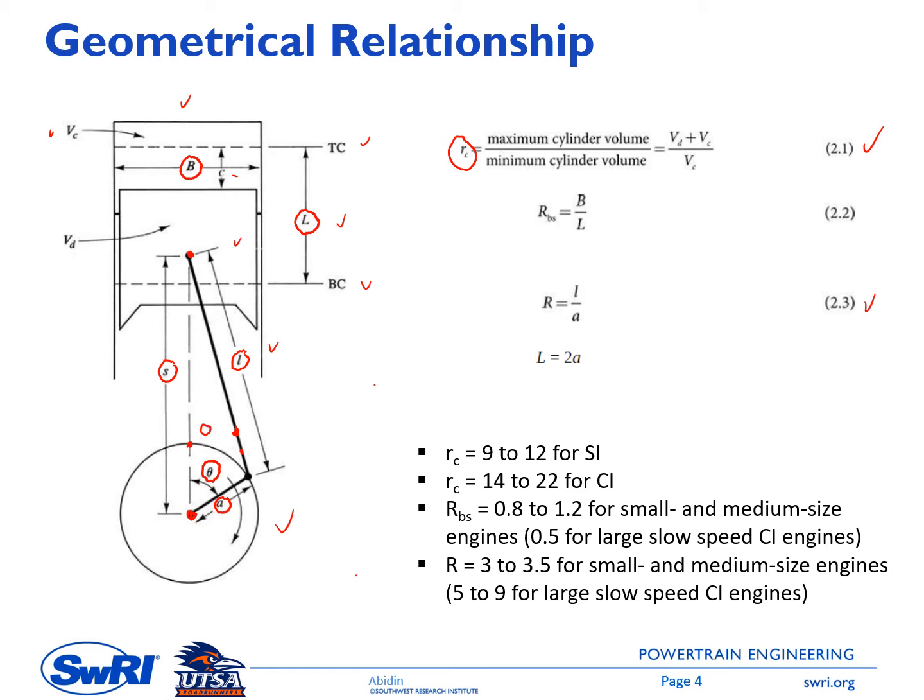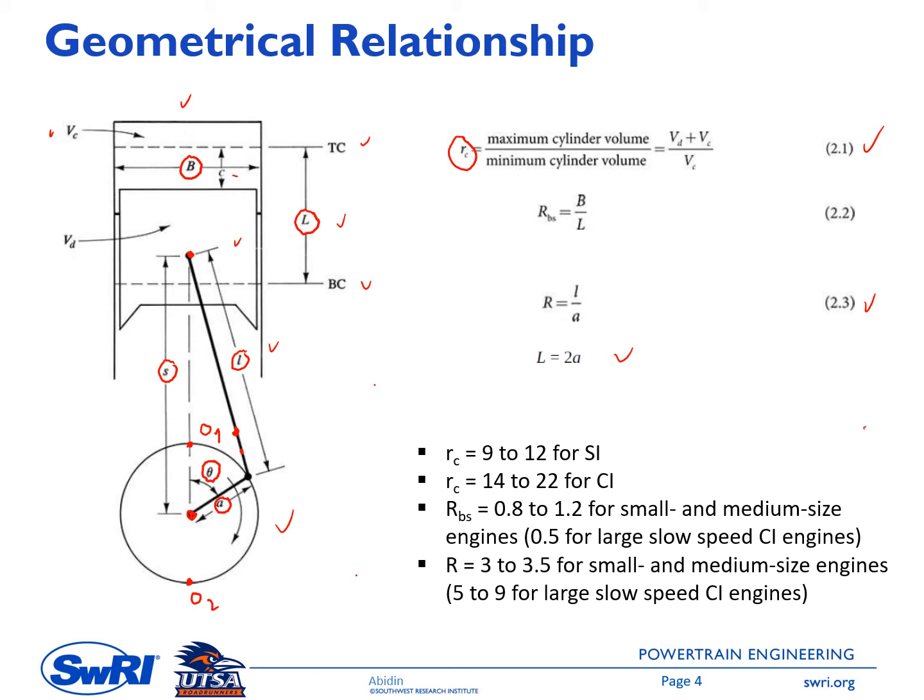Then as the piston moves down from TC to BC, the piston travels by the stroke, and the position of O moves to this one. So this is O when the piston is at BC. Let's say this is O1, this is O2. The distance between O1 and O2 here is 2a, and this 2a equals capital L. Therefore, we have this correlation.